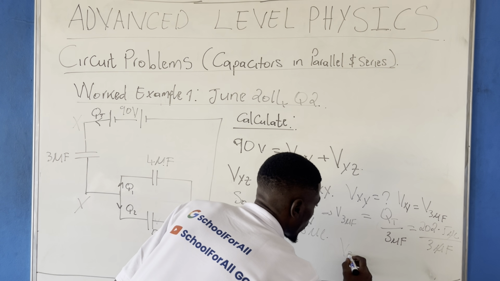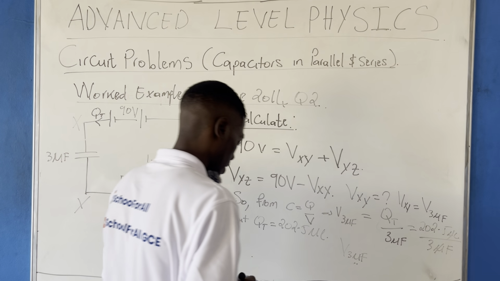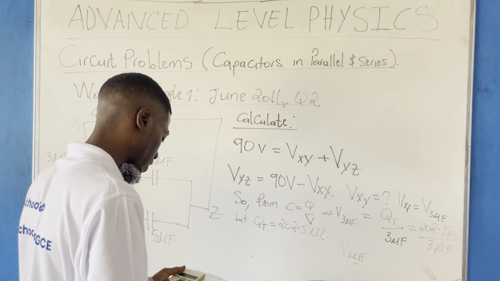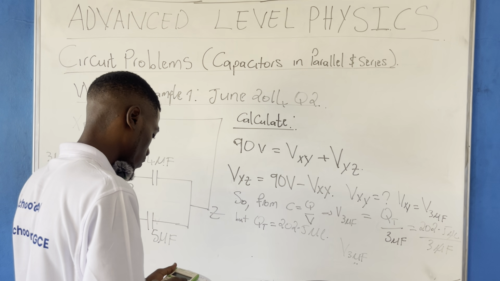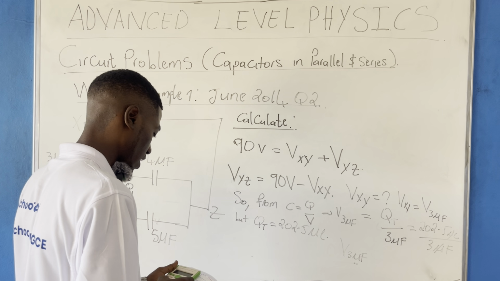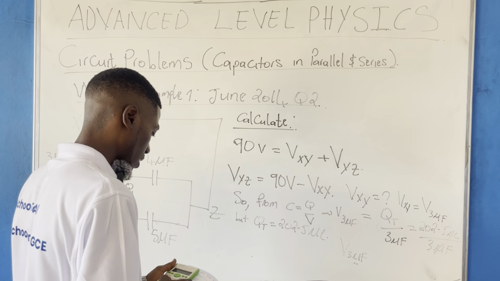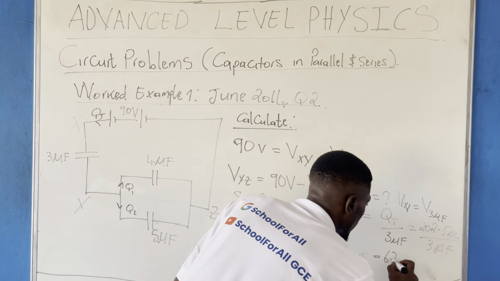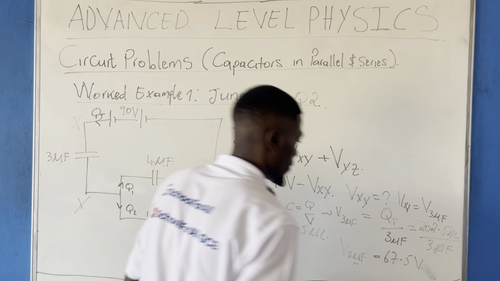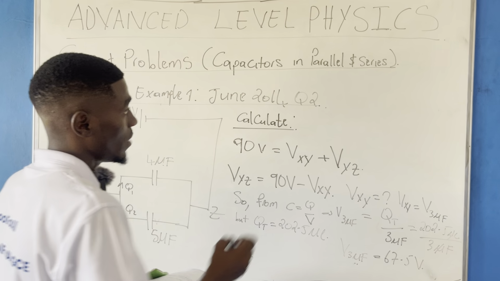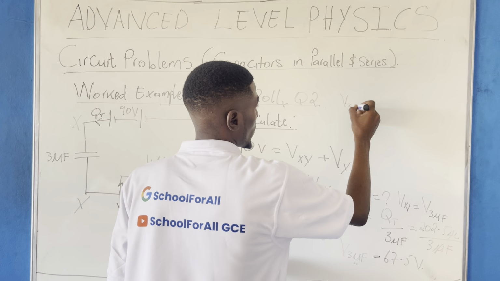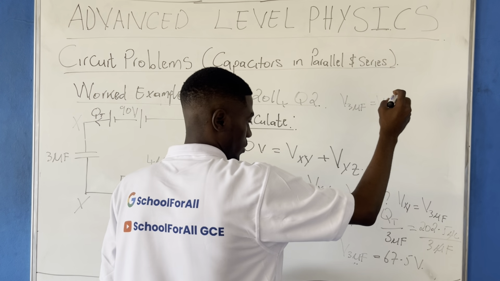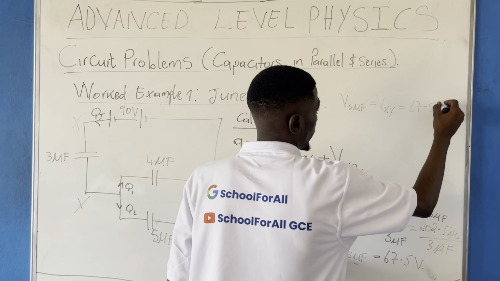So the voltage across the 3 microfarad will simply be, okay, let us sponge. After numerical application, 202.5 divided by 3 is simply equal to 67.5 volts. So the voltage across the 3 microfarad is the same as the voltage across XY, which is equal to 67.5 volts.